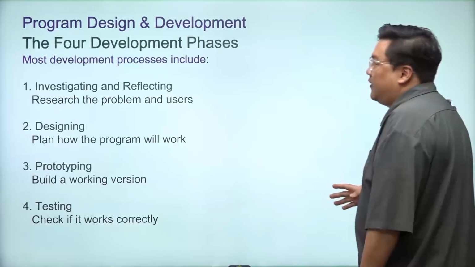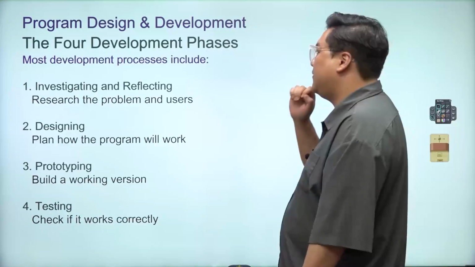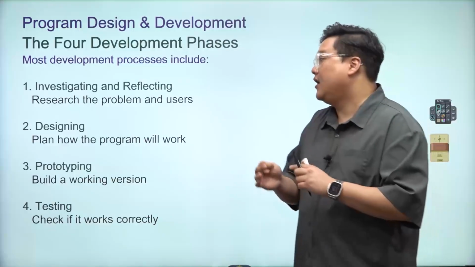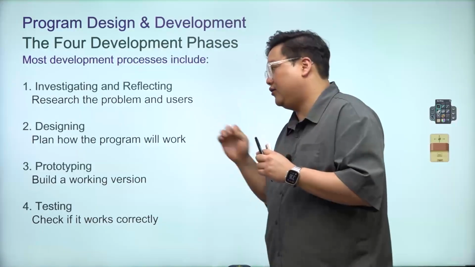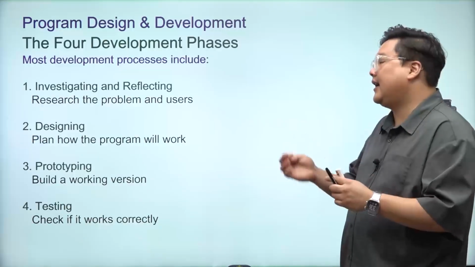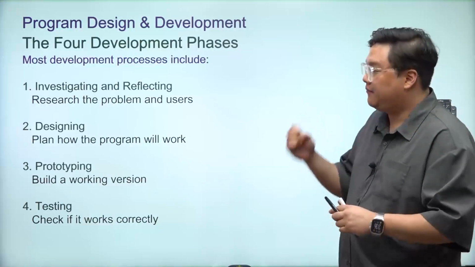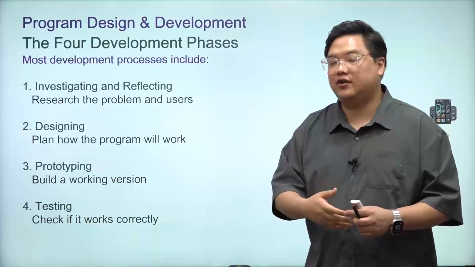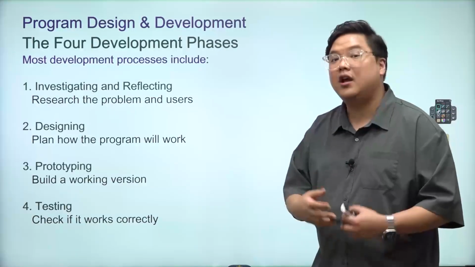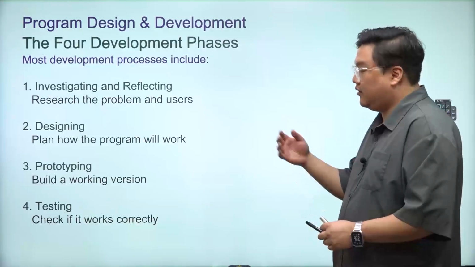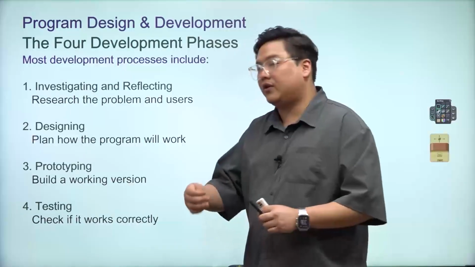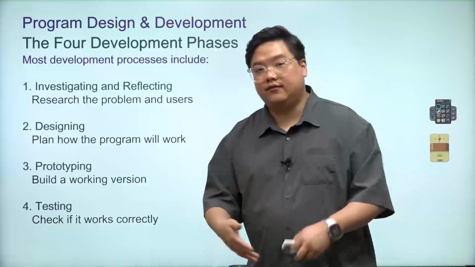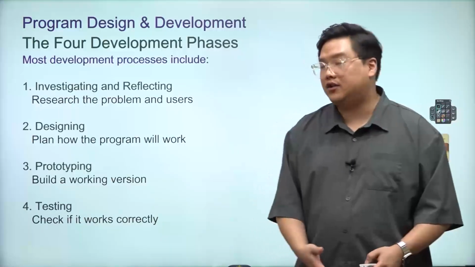There are 4 development phases, and most development processes include: investigating and reflecting, so researching the problem and the users; designing, planning how the programs will work; and number 3, prototyping, meaning you build a working version, like a preliminary version of your app, and you test and check if it works correctly. If it doesn't, you go back, redesign it again and solve the issues.